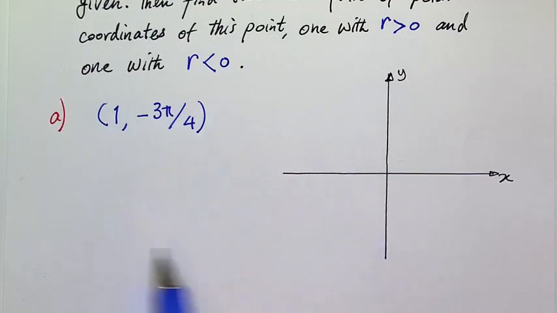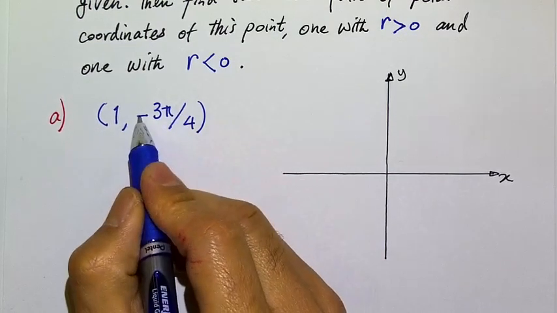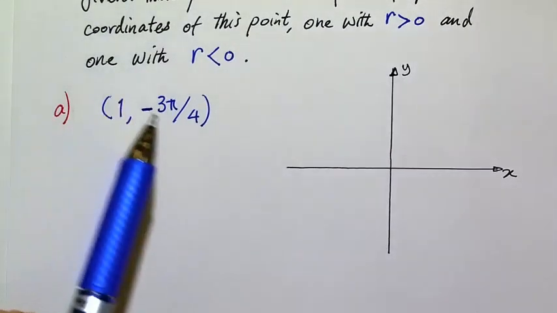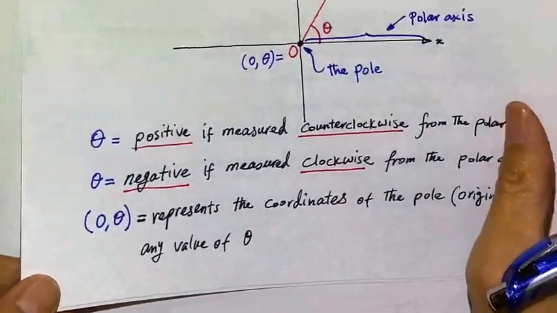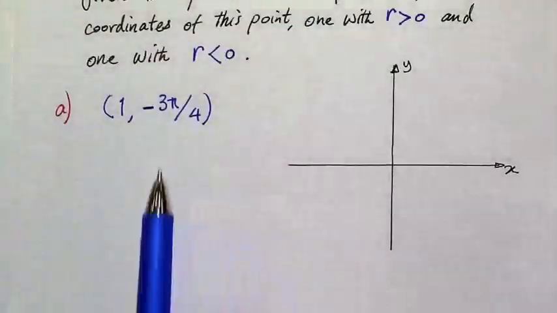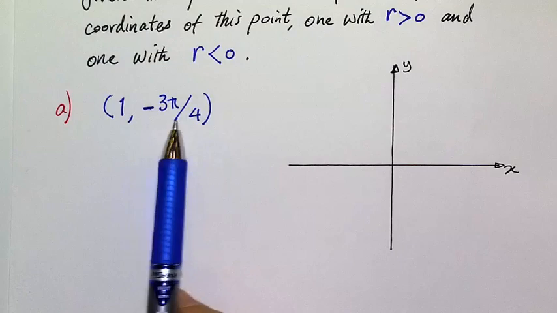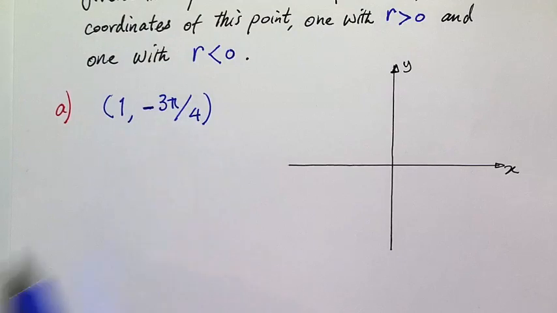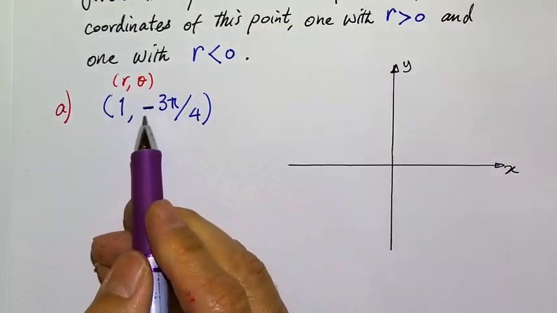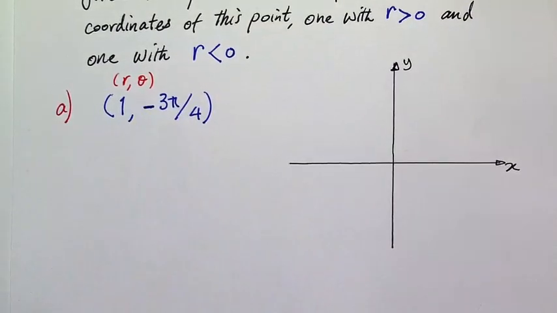Because this is negative, we are going clockwise, right? That's what we mentioned on the first page here. For theta positive, which is not what we have, we have negative theta, right? So this is r comma theta we've been given. So theta is negative, not positive.